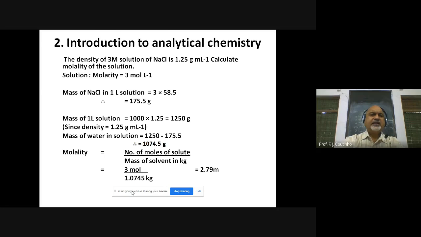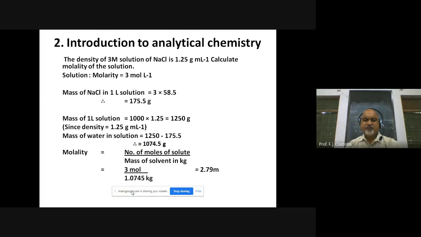The density of a 3 molar solution of NaCl is 1.25 grams per ml. Calculate the molality of the solution. Now the molarity is equal to 3 mol L raised to -1.